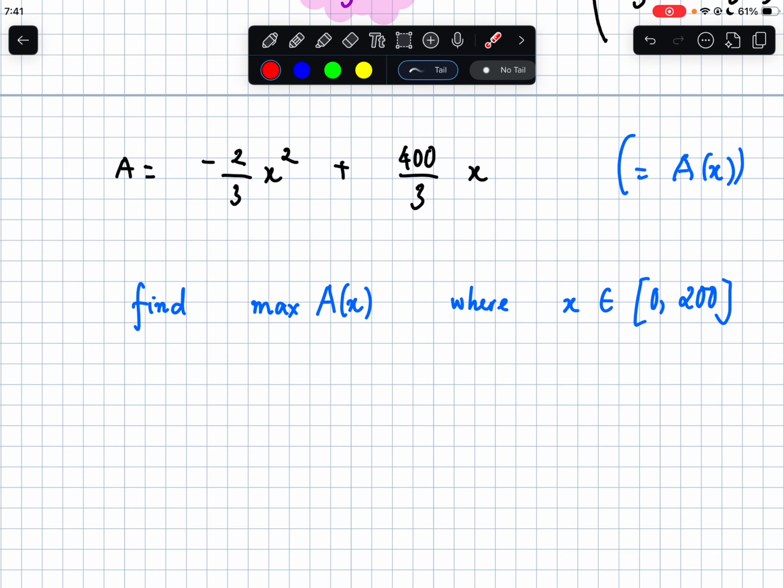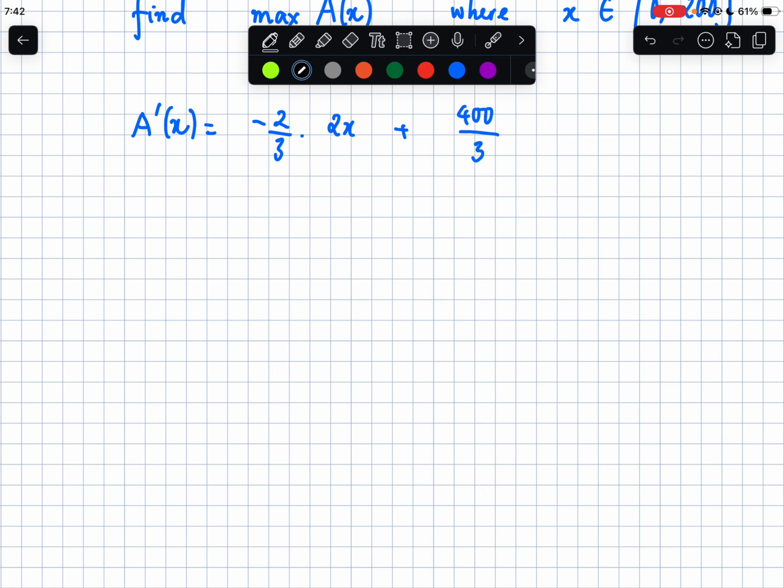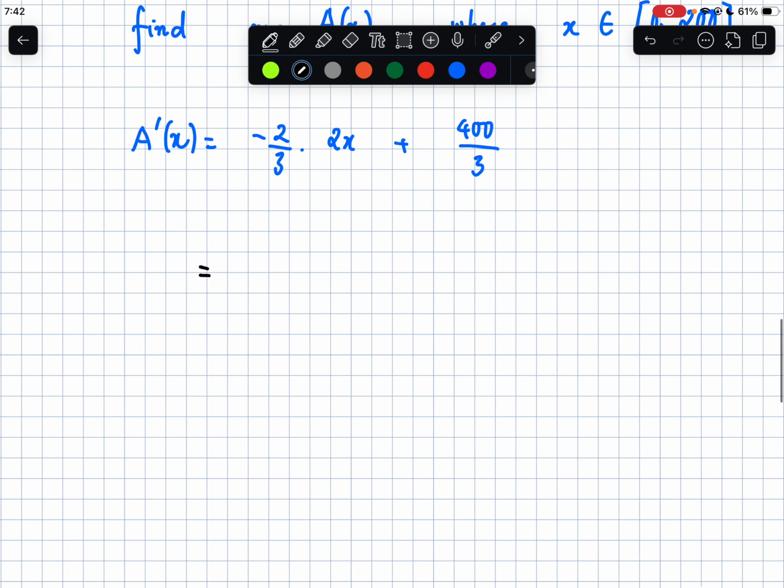So now let's do it. A prime equals minus 2 over 3 times 2x plus 400 over 3, equals, let me group 4 over 3 outside, 4 over 3 times (minus x plus 100).